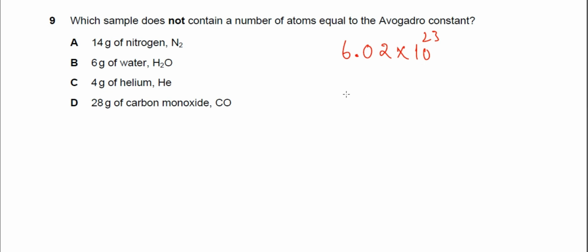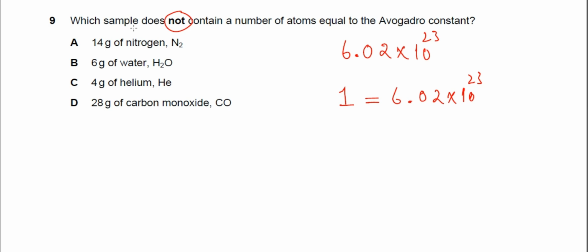One more thing, 1 mole of anything always contains Avogadro's number of particles, 6.02 times 10 raised to the power 23. Is it clear? Now he says which sample does not, so 'not' is bold, that's why we have to focus on this as well.